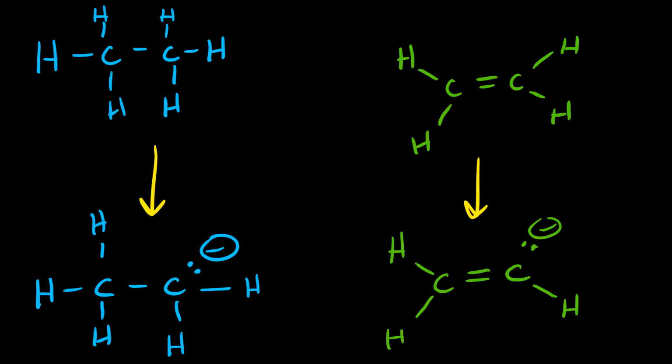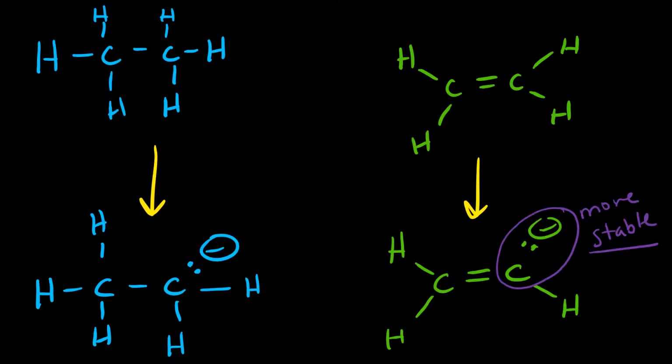And you might recall when we talked about the electronegativity effects a few videos back, that when electrons are being held in closer to the nucleus, that's a stabilizing effect. So it turns out that the sp2 hybridized carbon is more stable with the negative charge than is the sp3 hybridized carbon. So you end up with a more stable conjugate base.